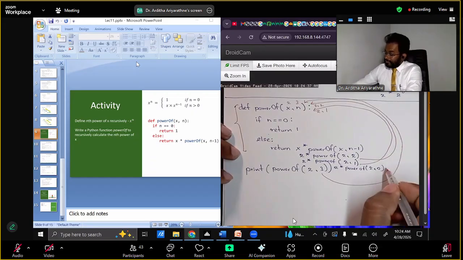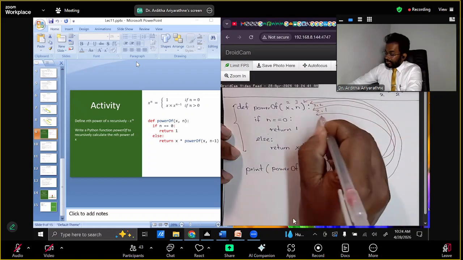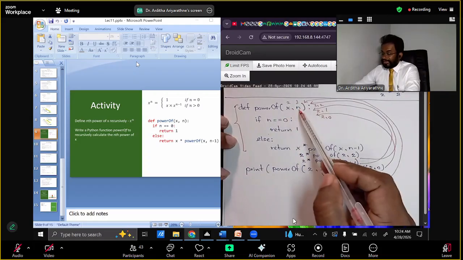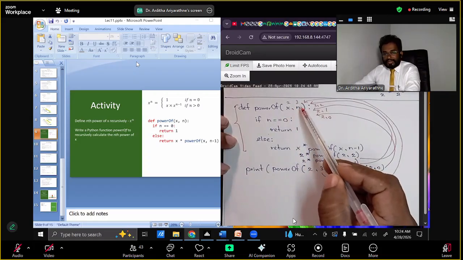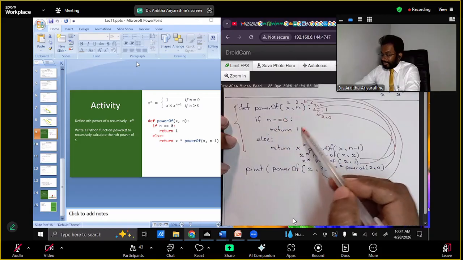Then again we are calling the same function with 2 and 0. Now this is 2, this is 0. Now the n value is 0. If the n value is 0, this condition is true, we are returning 1.